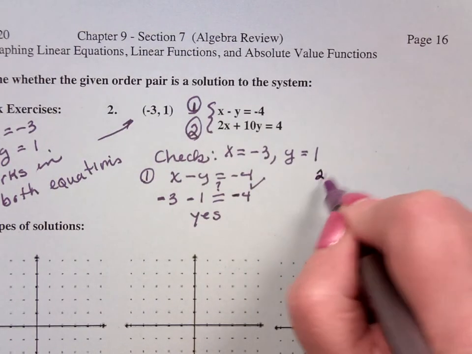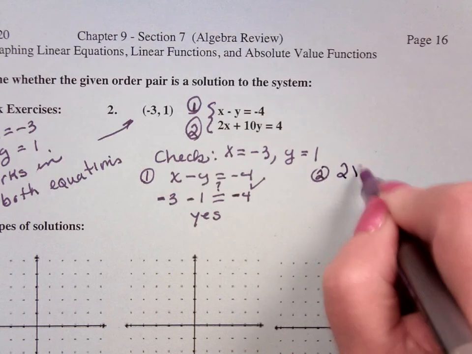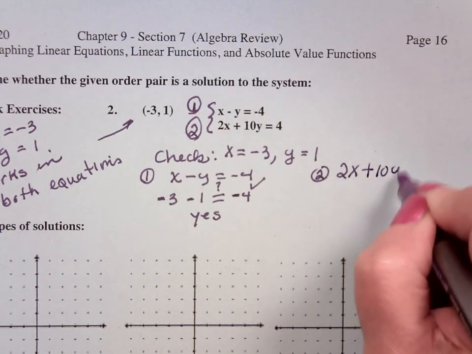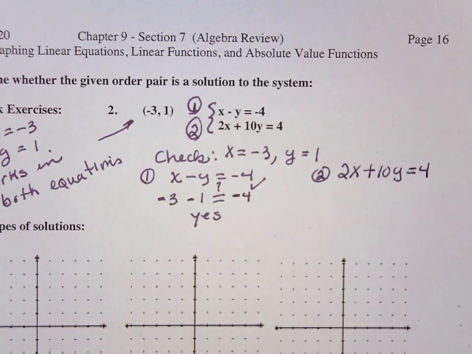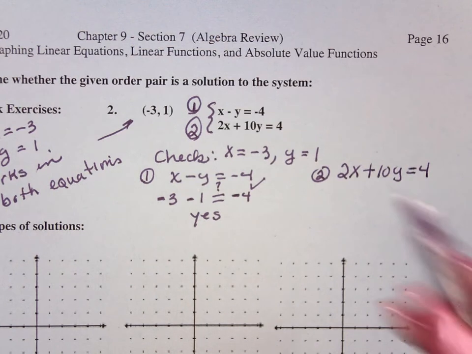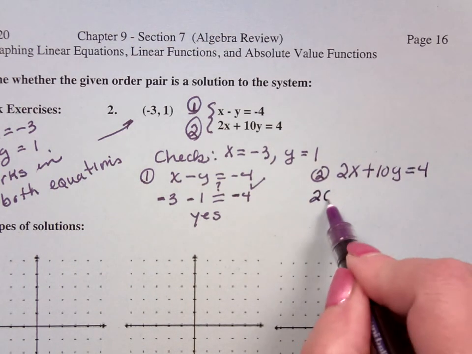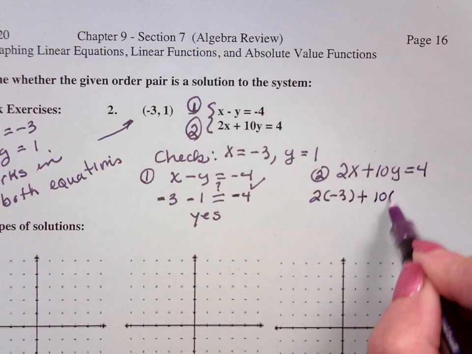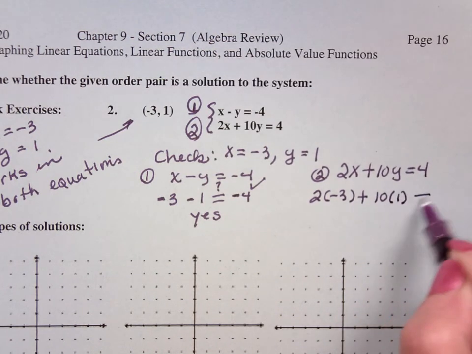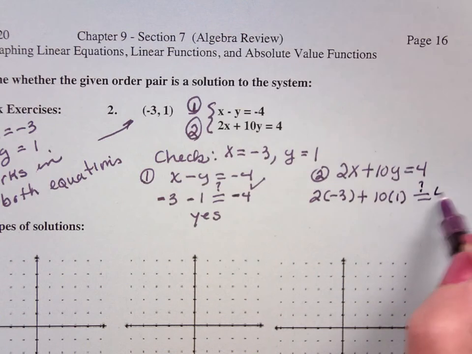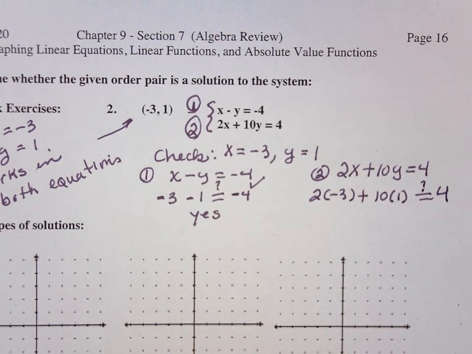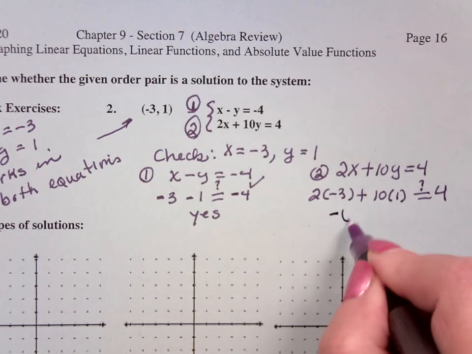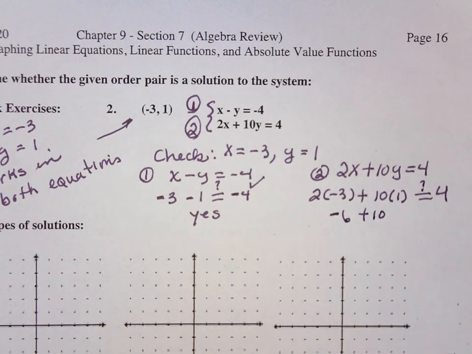If I look at equation 2, it is 2x plus 10y equals 4. If x equals negative 3, I'd have 2 times negative 3 plus 10 times y, which is 1, and I want to know, is it equal to 4? This is negative 6 plus 10.